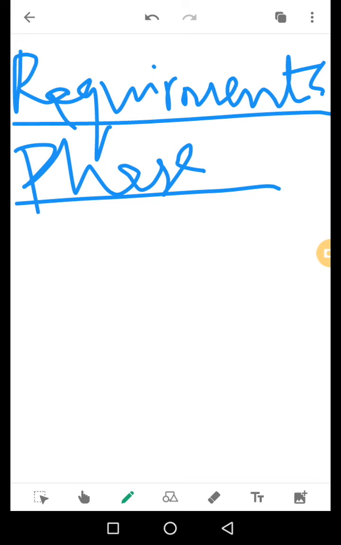So let's have a look at the fourth one, component level design.